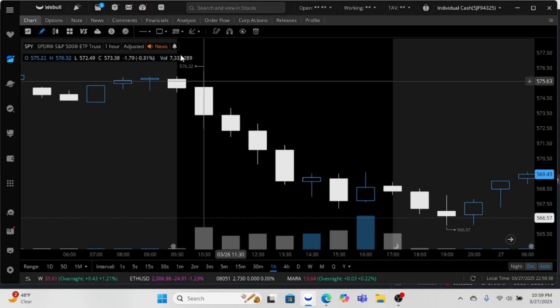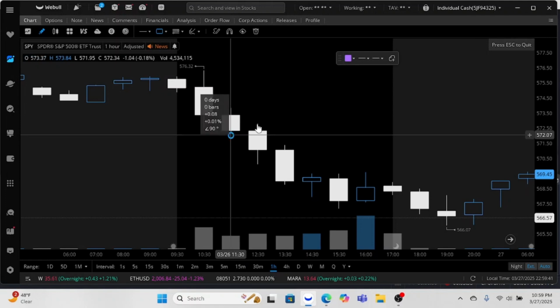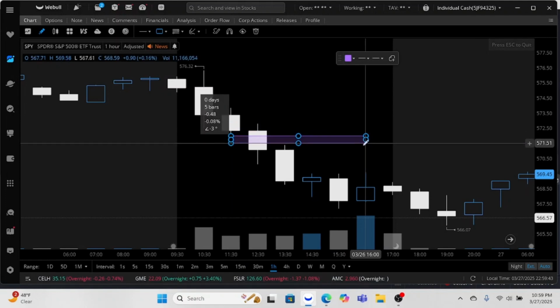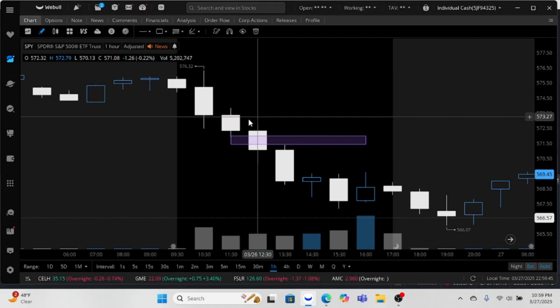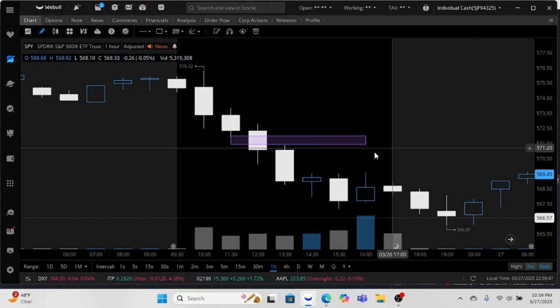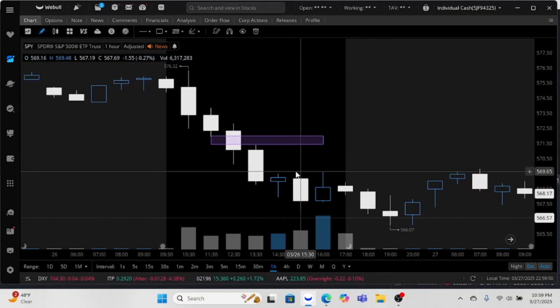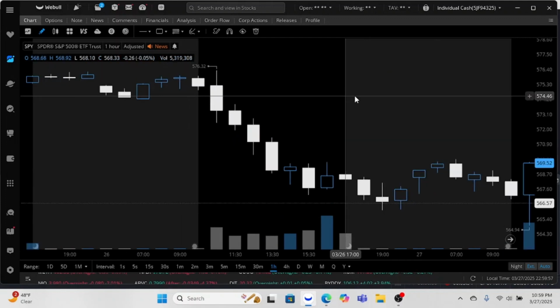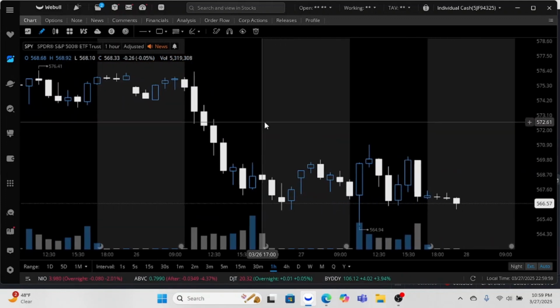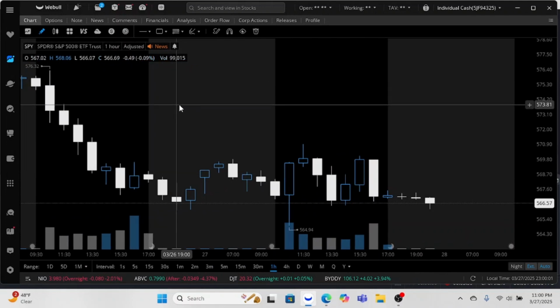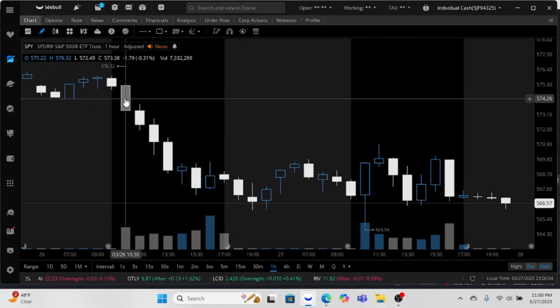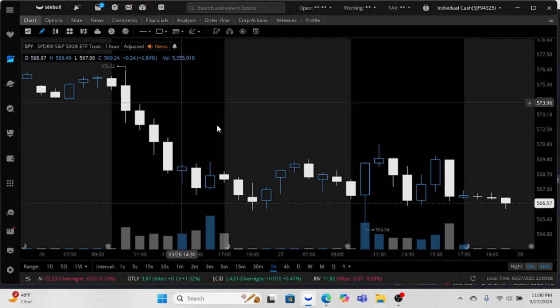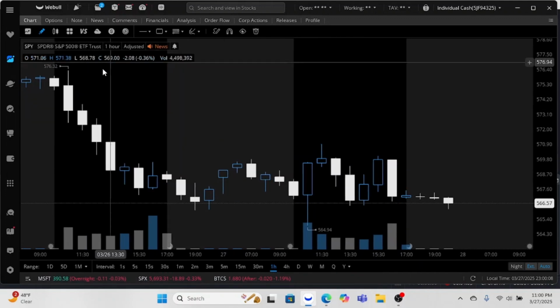Now we have a small gap between these candles. So we'd have a fair value gap right here. Small little gap in there. You have another little gap in here. So that would be a bearish fair value gap with down closed candles.